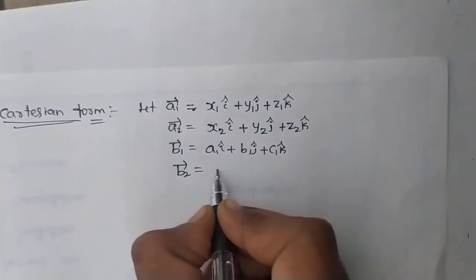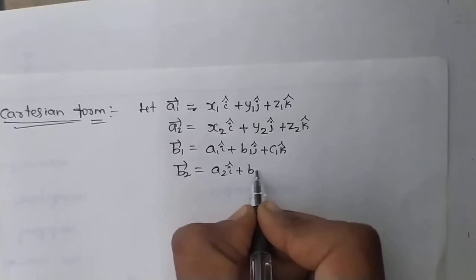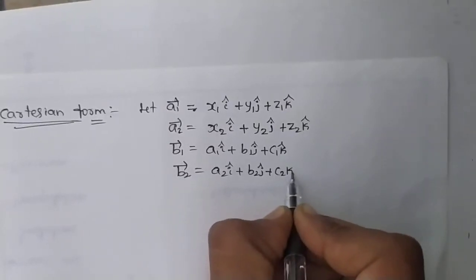Next, b2 vector will be a2 i plus b2 j plus c2 k.